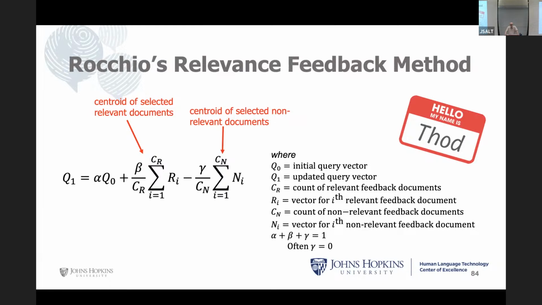You can also subtract off the centroids of non-relevant documents. You can pretend that, oh, documents 100 through 1,000 are not relevant and add that in. For the most part, people don't do that. They don't add the negative terms back into the query because it's hard to know which terms are important to add in. Usually just adding in negative terms doesn't really help. So mostly Rocchio uses the centroid of the relevant documents.